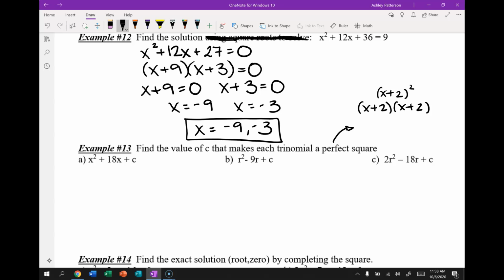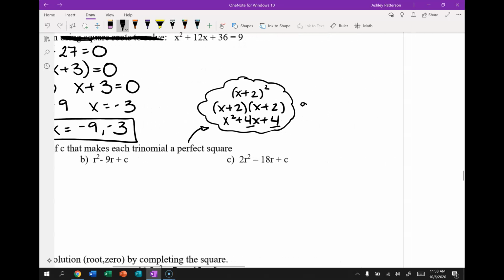In other words, the same binomial multiplied by itself. It's squared. When you multiply it out, we can see, and 2 probably isn't the best example, but we'll use it for right now anyway. You can see that the 2 will multiply to the outside and add to the inside. They multiply to 4 and add to 4.